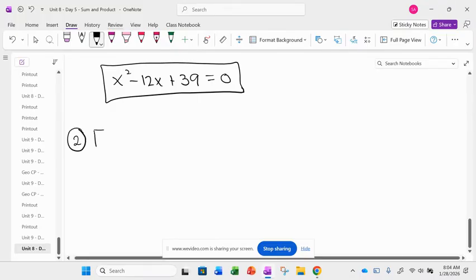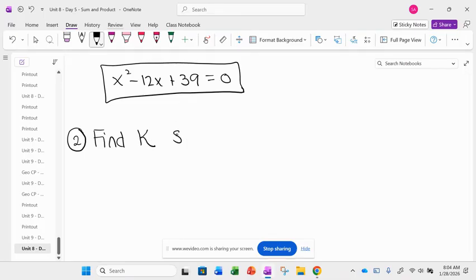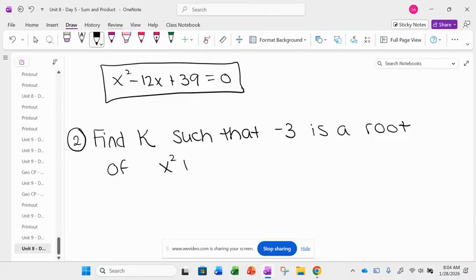So I want us to find k such that -3 is a root of x squared plus kx minus 24 equals 0.